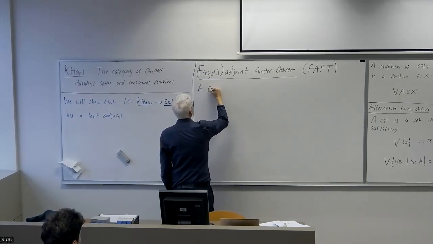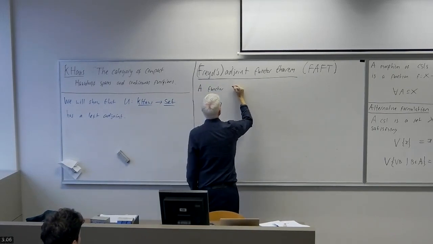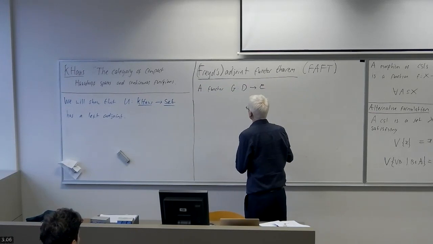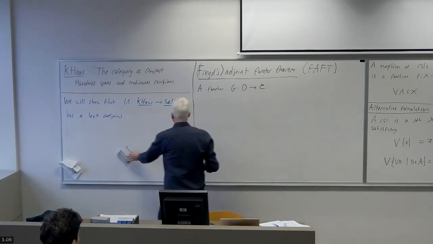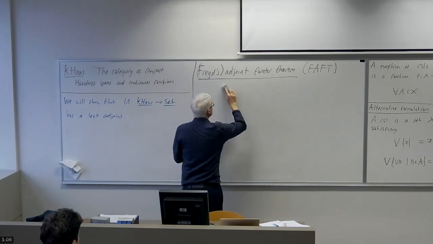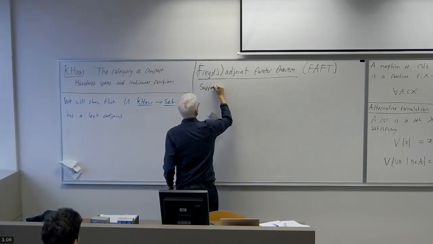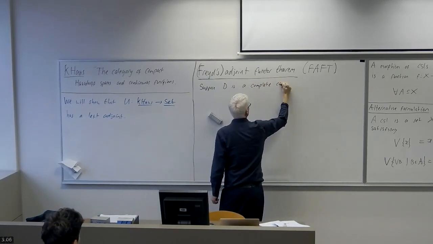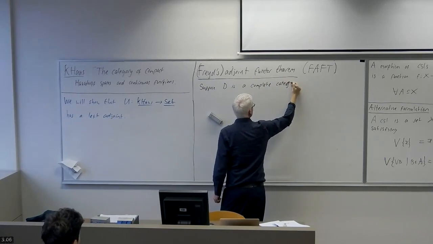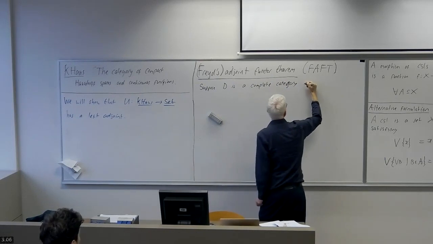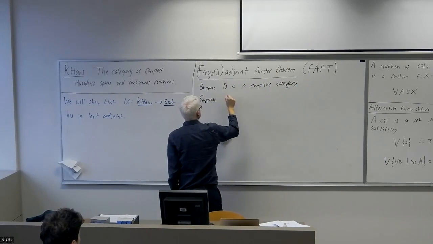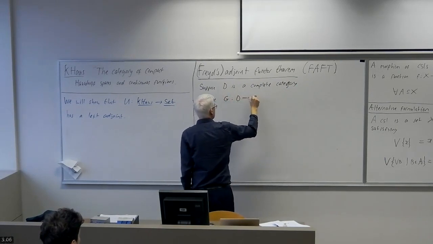So a functor G from a category D to a category C. Actually, sorry, let me start again. Suppose D is a complete category, in other words, it has limits for all small diagrams. And suppose G from D to C preserves limits.